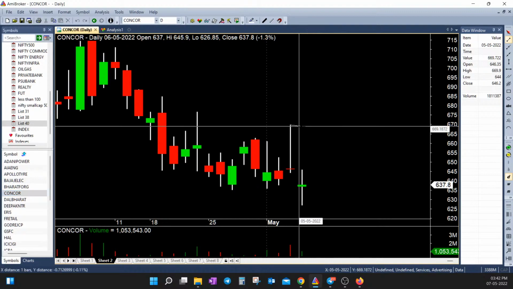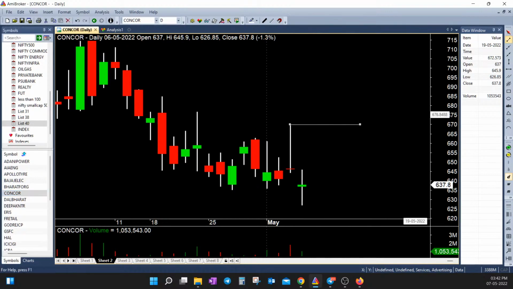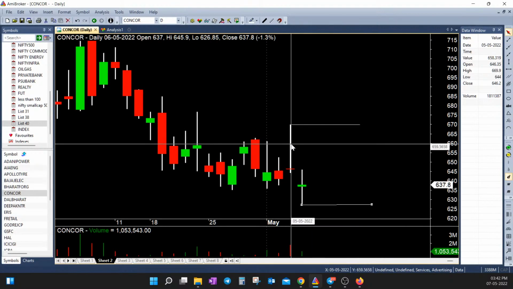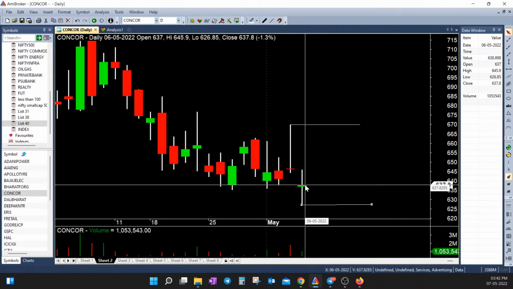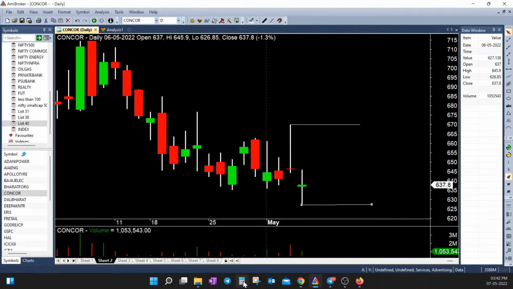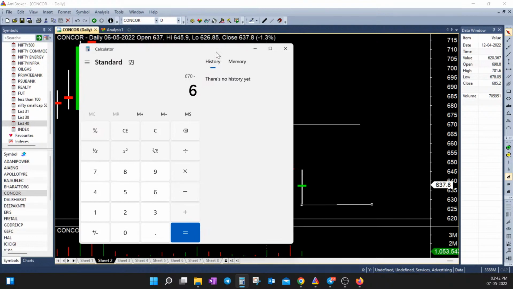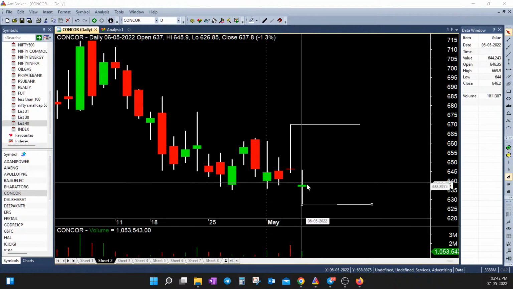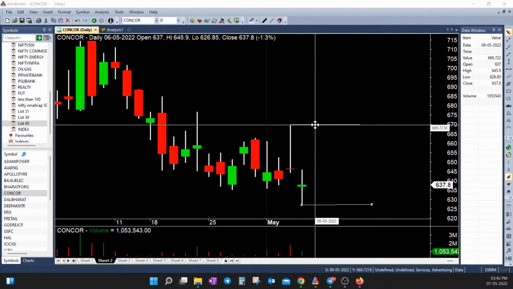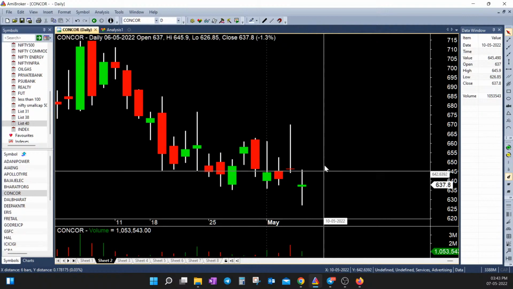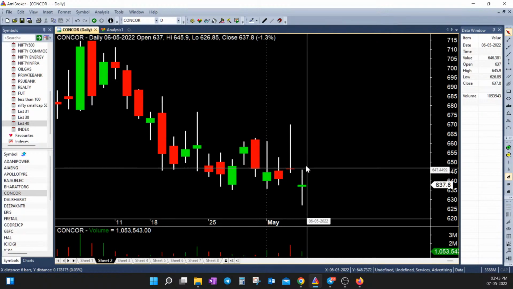Check the range here. We do not have the measuring gap here, but the range is 672 to 626. 670 minus 626. Is it not a huge stop loss here? So do avoid this. We may take a chance of buying this, but the range is very high.